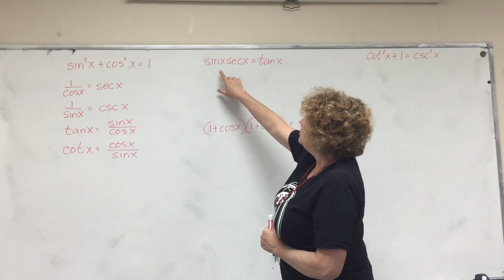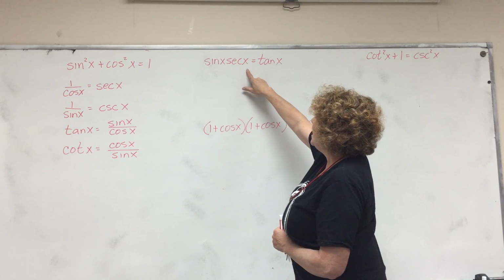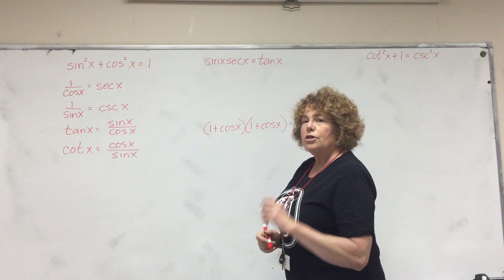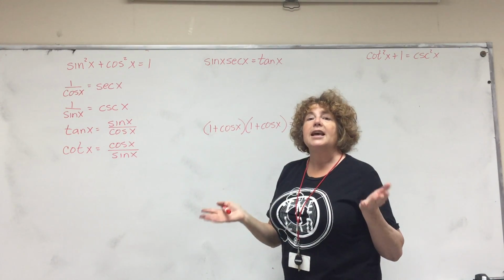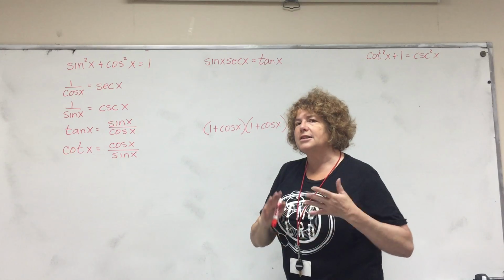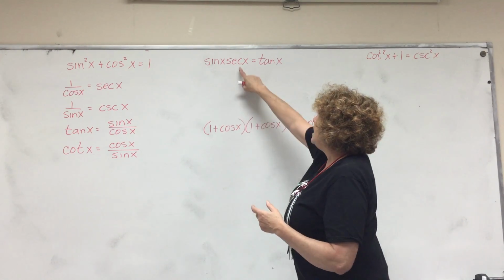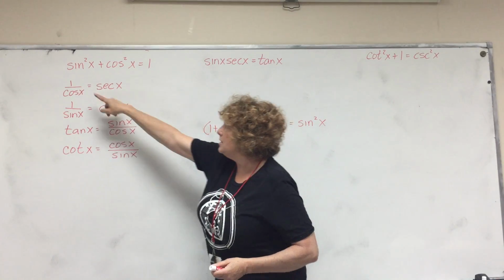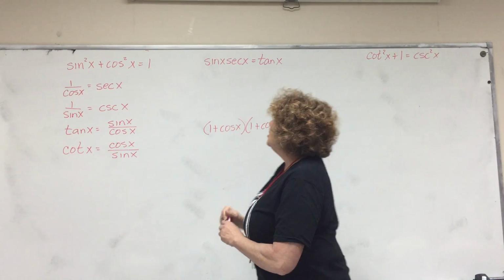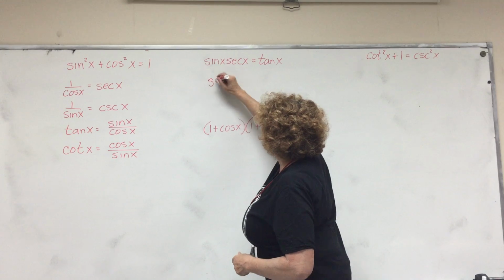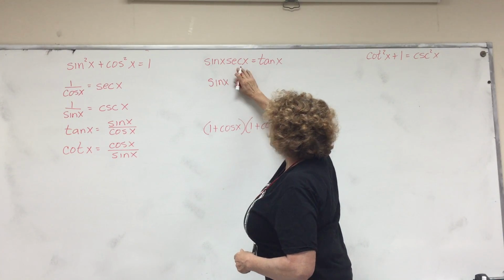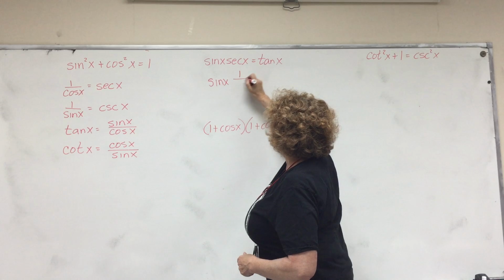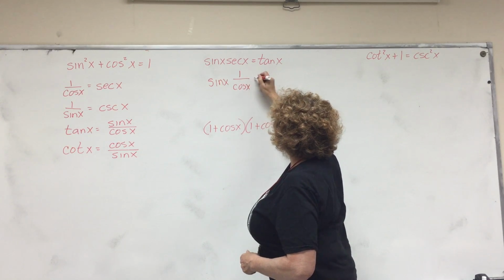They want you to prove that sine x times secant x equals tan x. The first step to doing these is change them to sines and cosines. So if you have secant and you have tan, use your identities and change them into cosines and sines. So you know the sine of x is already okay, but the secant I can change into 1 over the cosine.